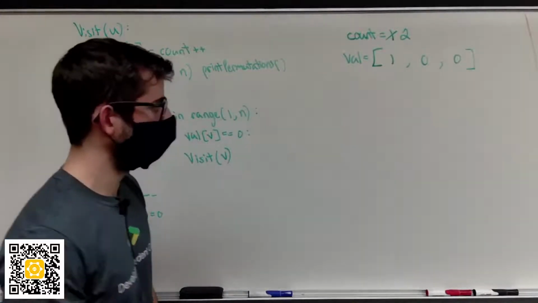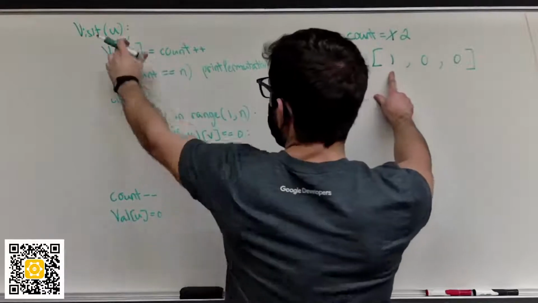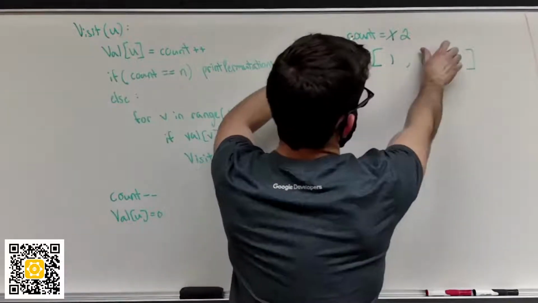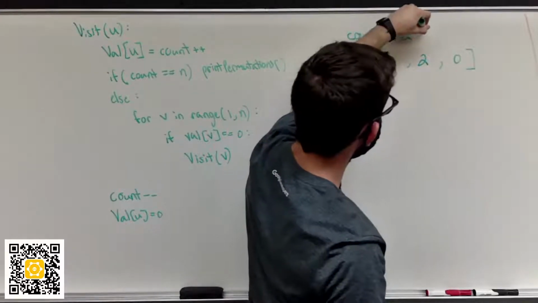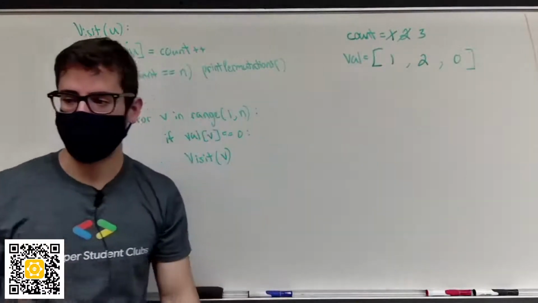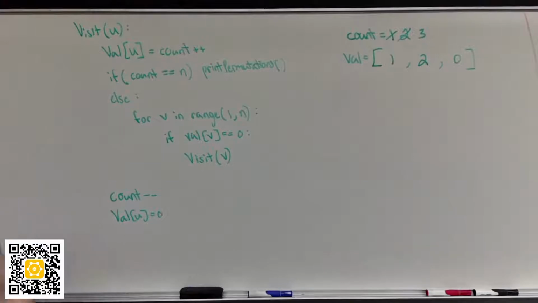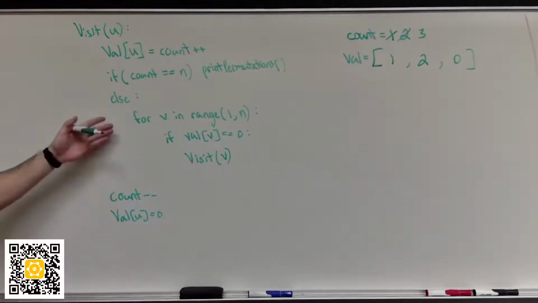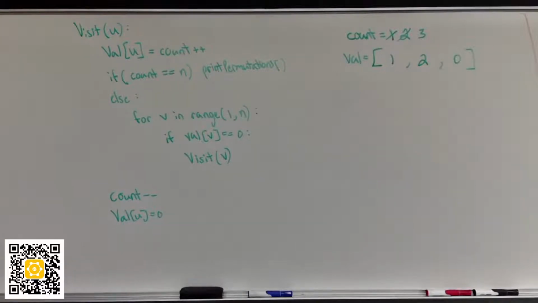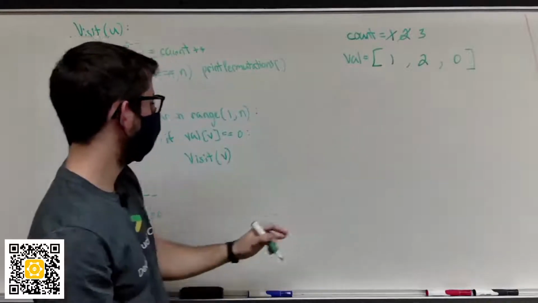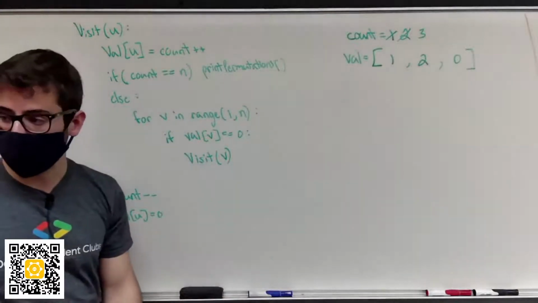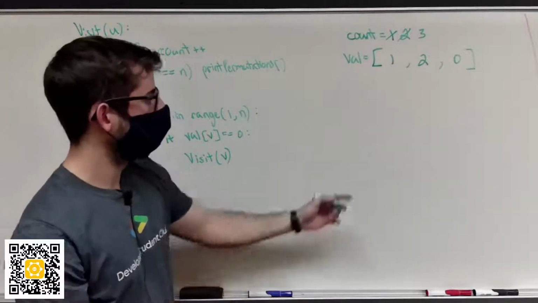Now we just called it with 2. So now u is equal to 2. At position 2, let's set that equal to count, and then let's increment count. You guys still with me? Okay, cool. Count is not equal to n, so we can go back to this for loop. When v is equal to 1, the value at index 1 is not equal to 0. There's a value we've placed there. So we continue.